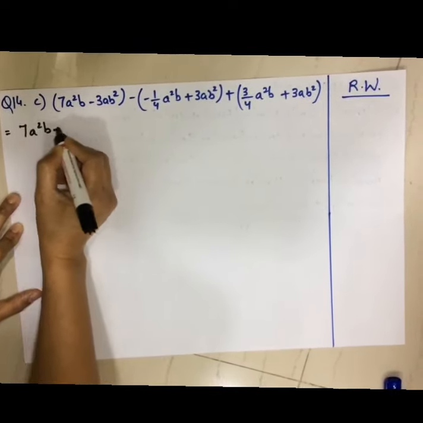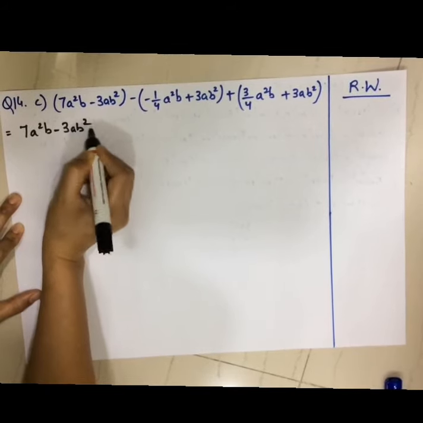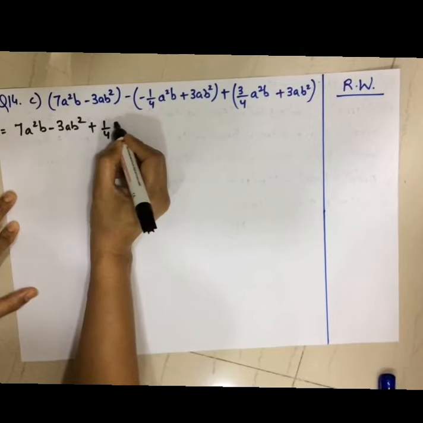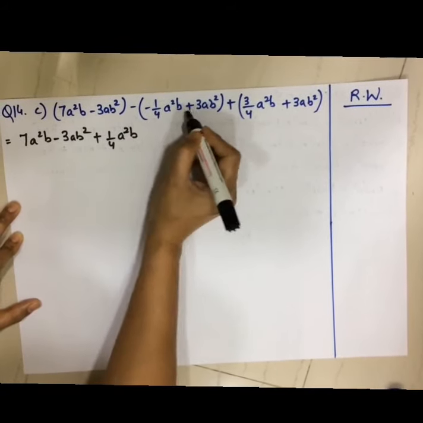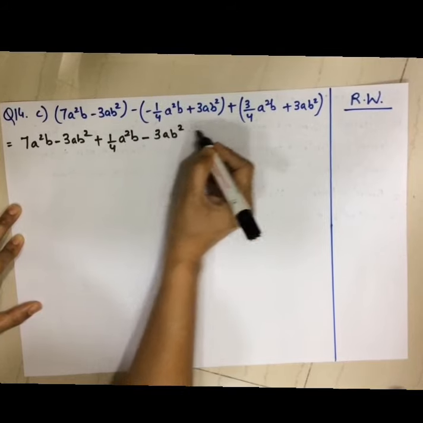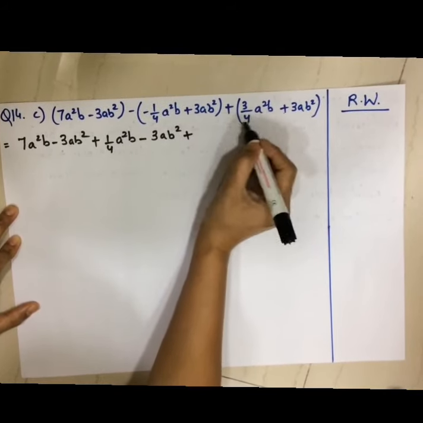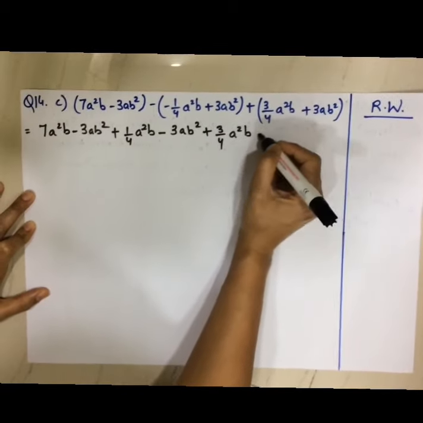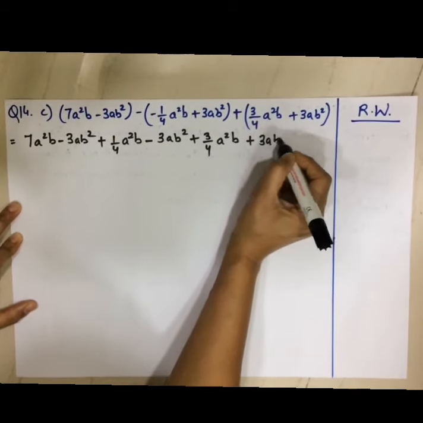7a square b minus 3ab square, minus and minus gives us a plus 1 by 4a square b, minus and plus gives us a minus 3ab square, again plus 3 by 4a square b, plus and plus gives us a plus 3ab square.